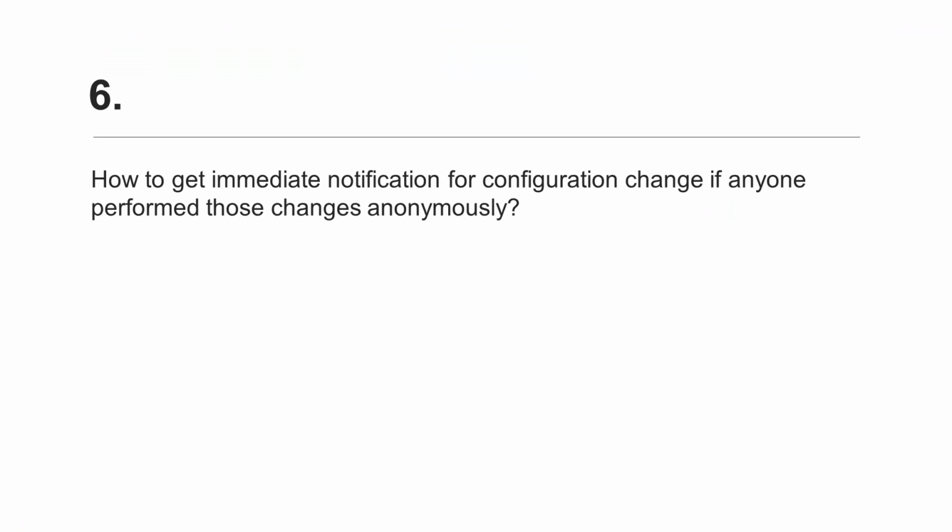Question 6. How to get immediate notification for configuration change if anyone performs those changes anonymously? The changes that are happening in the firewall, we capture the sequence. How do we do it?